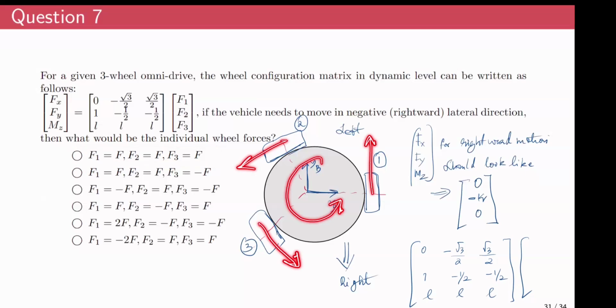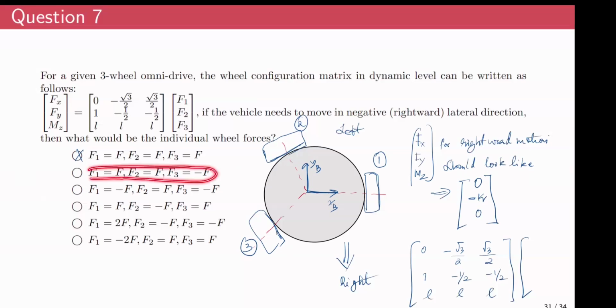That is not what we want. We want it to move rightward. So we can eliminate that first option. What about the second option? The second option says F1 is F, F2 is F, F3 is minus F.